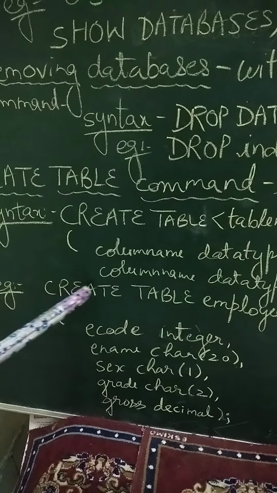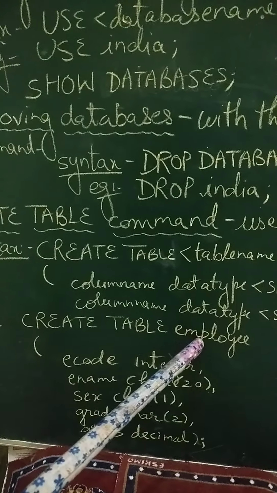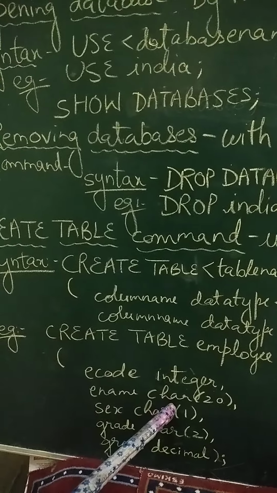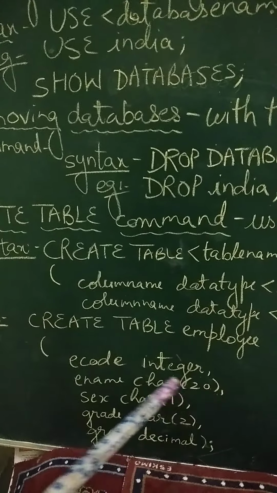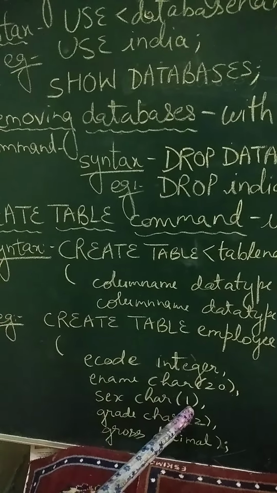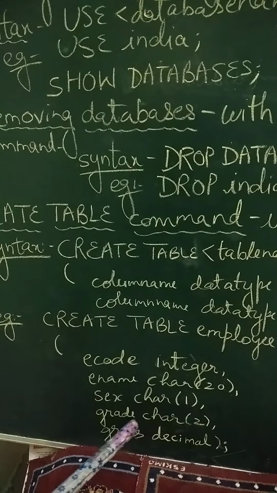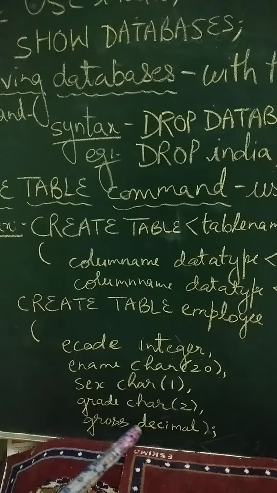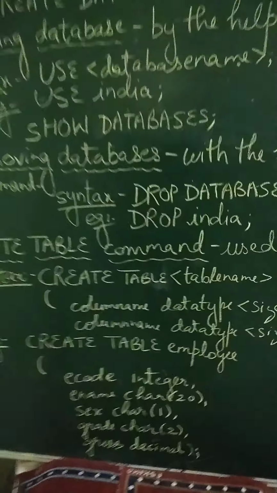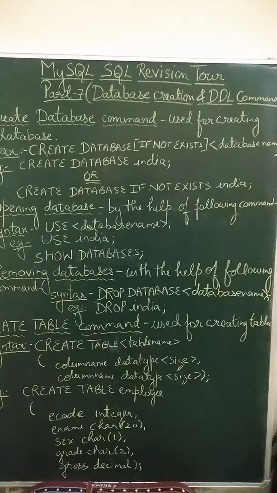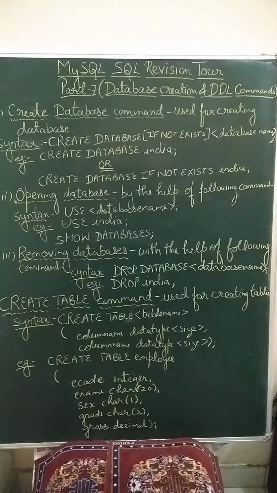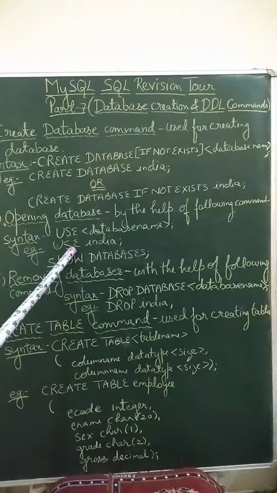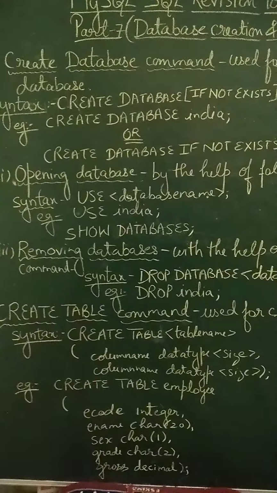So we can write the command create table employee, e-code as integer type, e-name as char data type holding 20 characters, sex having char data type with 1 character, grade as char data type having 2 characters, gross having data type decimal. Remember one more thing, children, before issuing a create table command, make sure that its parent database has been opened using the use database command.